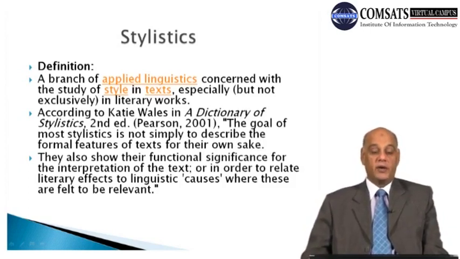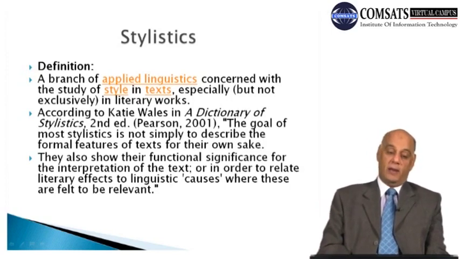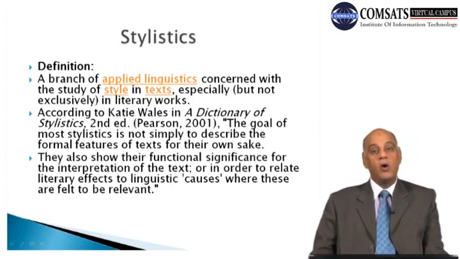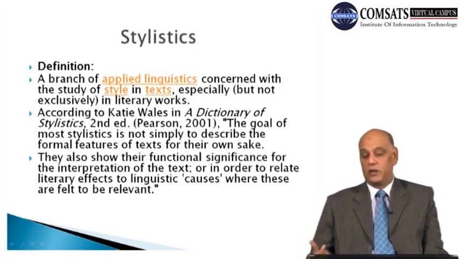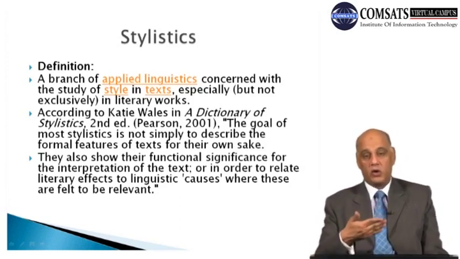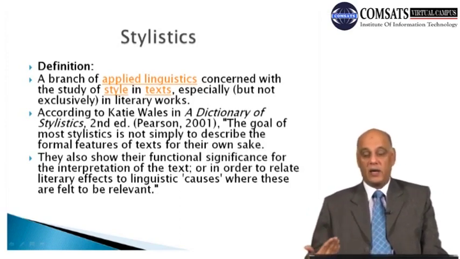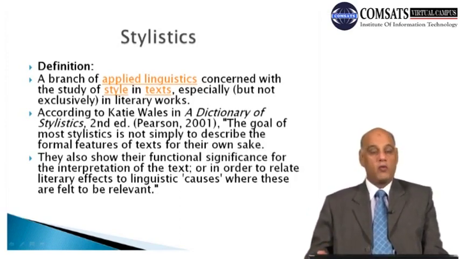This means it deals more with the practical aspects, how linguistics is applied, and it deals with the study of style in texts: how the style is found out in the text, how the style is analyzed, how you look at the style of a certain text and tell what style has been used, or what stylistic, literary or poetic devices have been used in that very text.